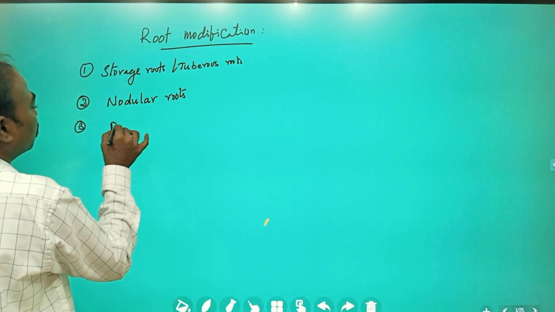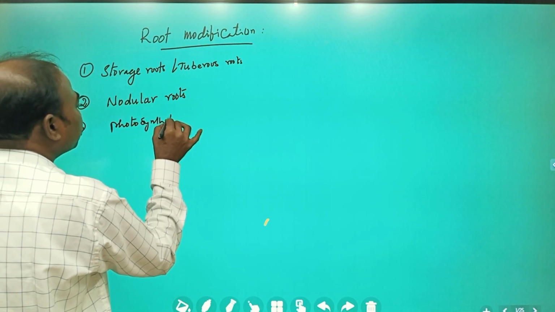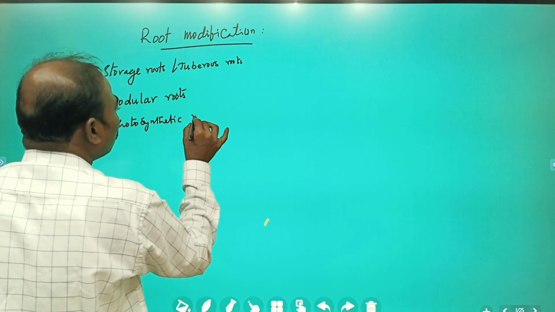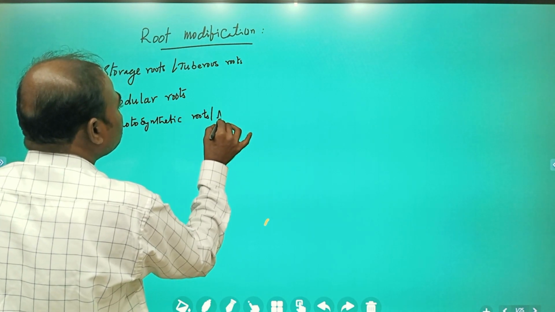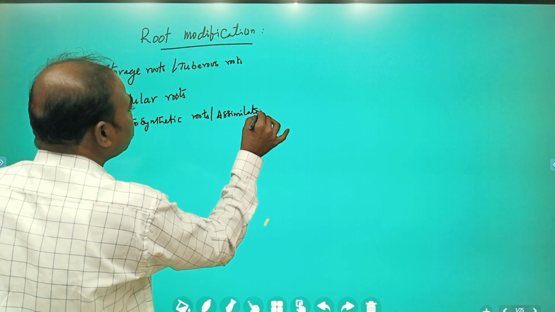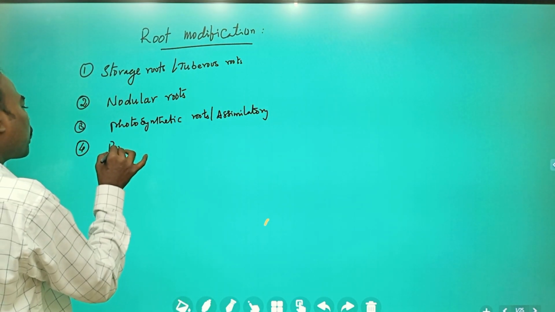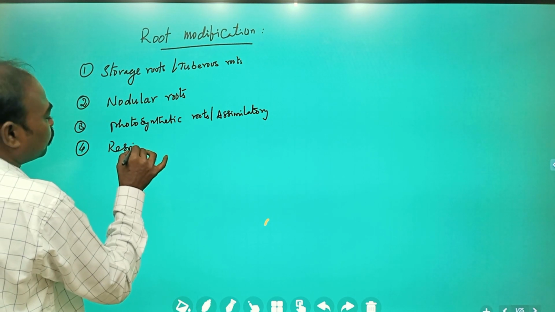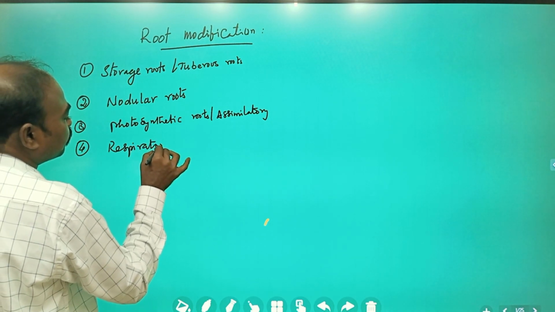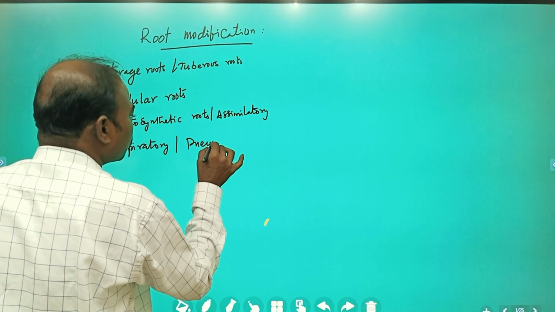And photosynthetic roots or assimilatory roots. Respiratory roots or pneumatophores.